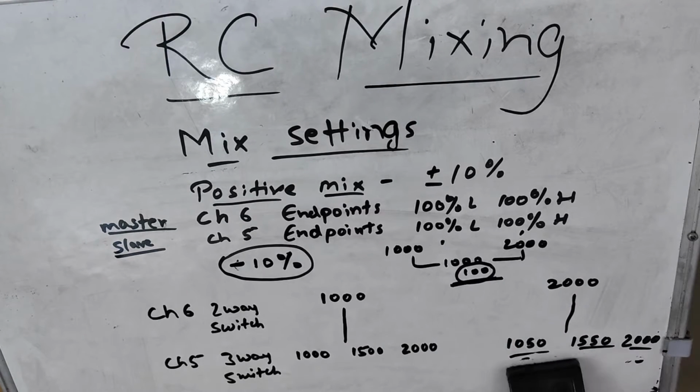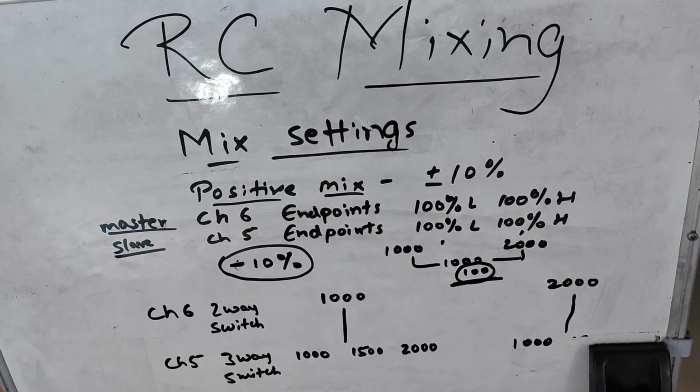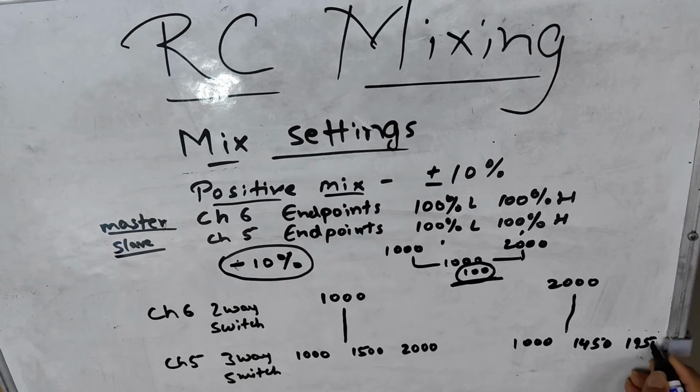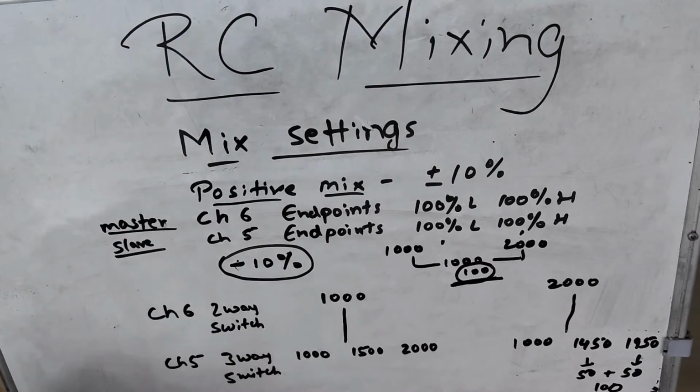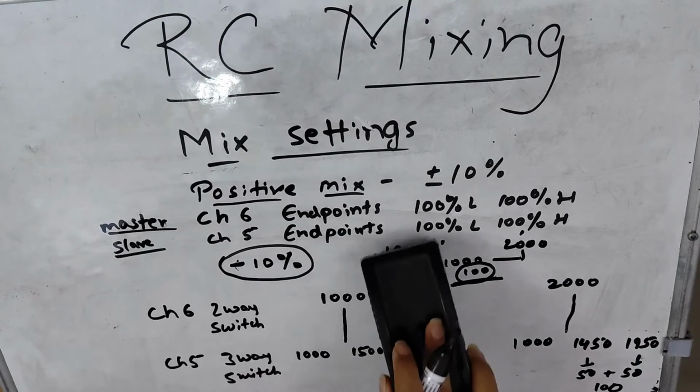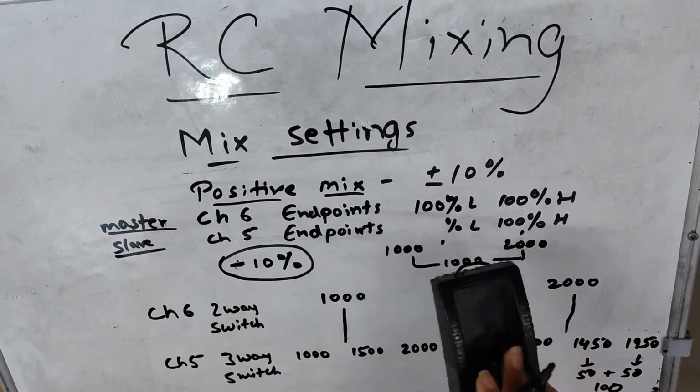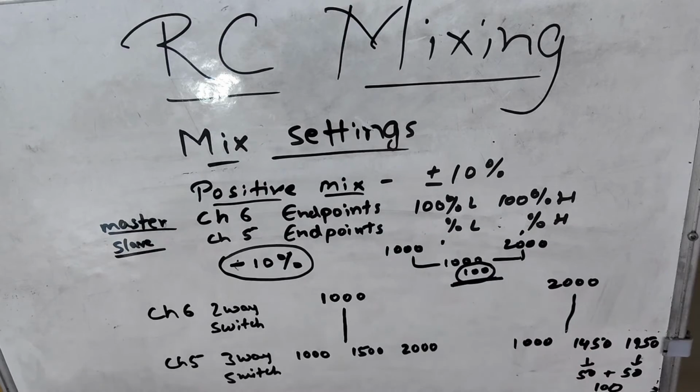Channel 5 has 3 values, but those 3 values can change when channel 6 values are changed. So channel 6 moves from 1000 to 2000, and for 1000 we have 3 values for channel 5, for 2000 we have 3 values of channel 5. So this time for minus 10% positive mix, 50 is reduced from 1500 and 2000, eventually giving us 1000, 1450 and 1950. Again, this 50 plus 50 sums up to 100.